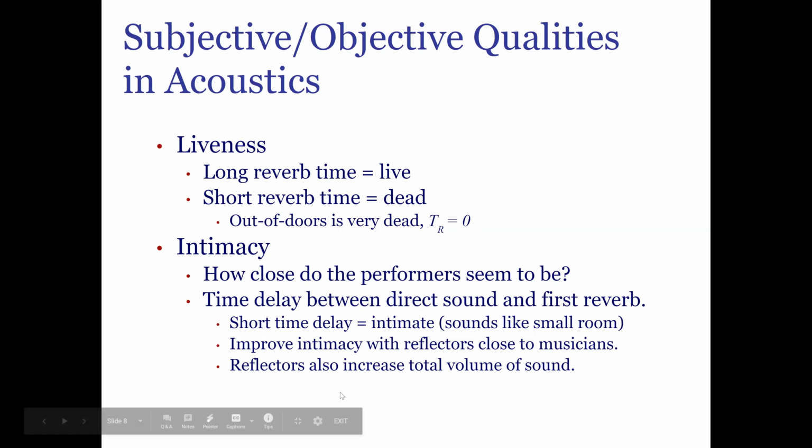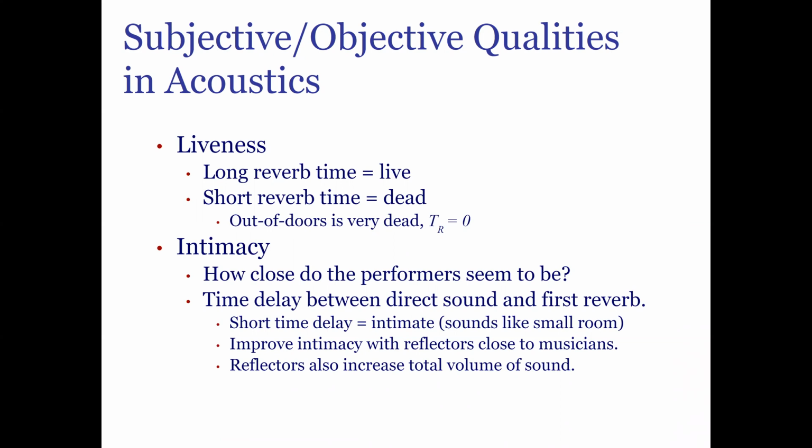The good thing is intimacy is something we like, and it can be simulated by reflecting that sound from the performers that would go away from you. So in the Meyerson or some room like that, they can put reflectors back behind the performers so that the sound that would go to the back of the stage gets reflected forward.